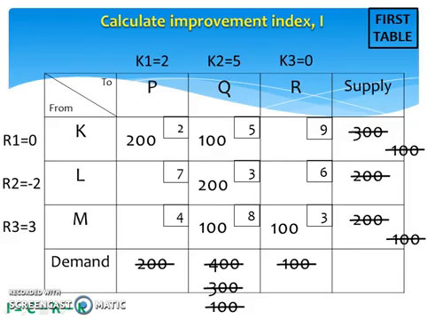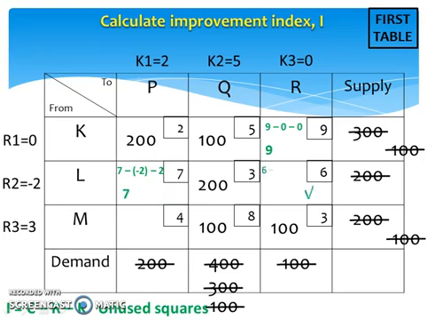The improvement index must be calculated for all unused squares. For example, at this unused square, we have 9 minus 0 minus 0, so we get improvement index equals 9. At this unused square, we have 7 minus negative 2 minus 2, so we get improvement index equals 7.